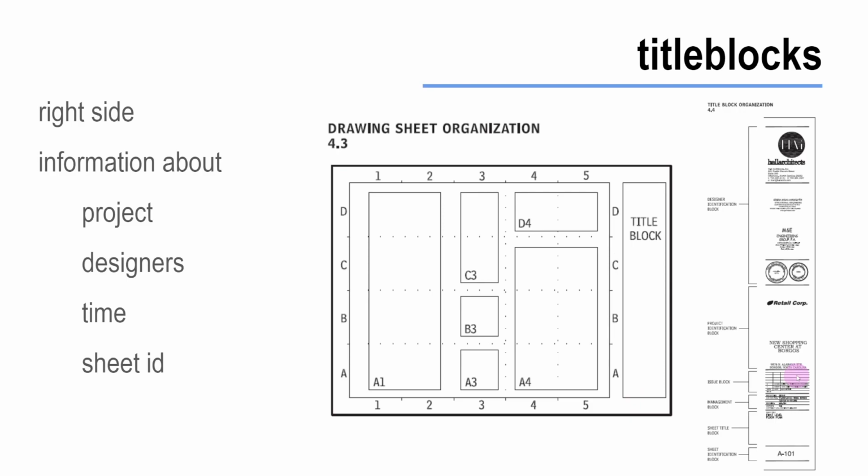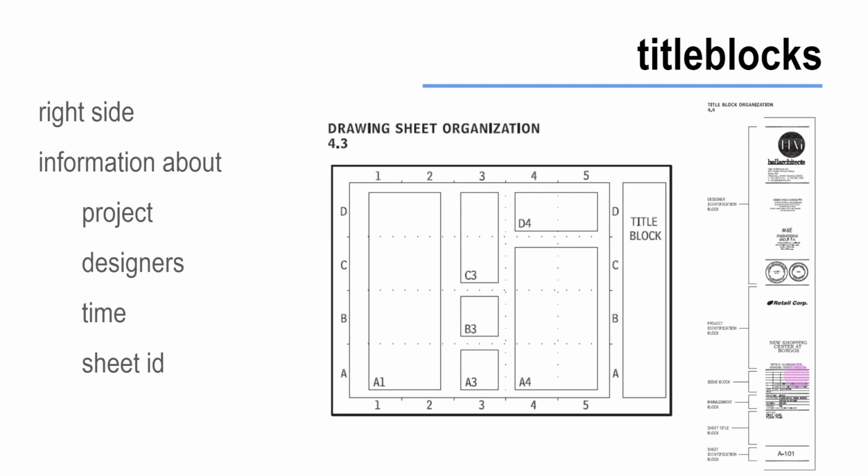But in the title block, you're going to have information about the project itself. So it's going to say what this building is and who it's made for. And then there's also going to be information about the architects or engineers and designers that were included on this project. Information about the time spent on this set of drawings.